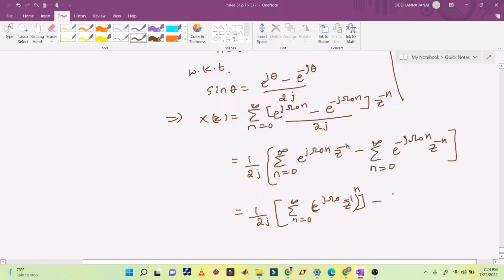Similarly here, n is equal to 0 to infinity e to the power minus j omega naught z inverse power n.